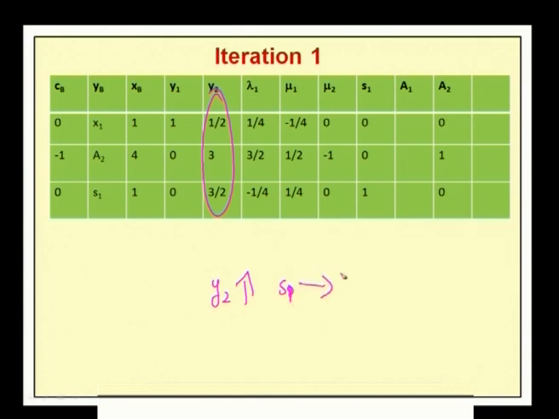So S1 is the leaving vector. Where y2 and x1 intersect, this element is called the pivot element, which is 3 by 2. Therefore, for this table the pivot element is 3 by 2.